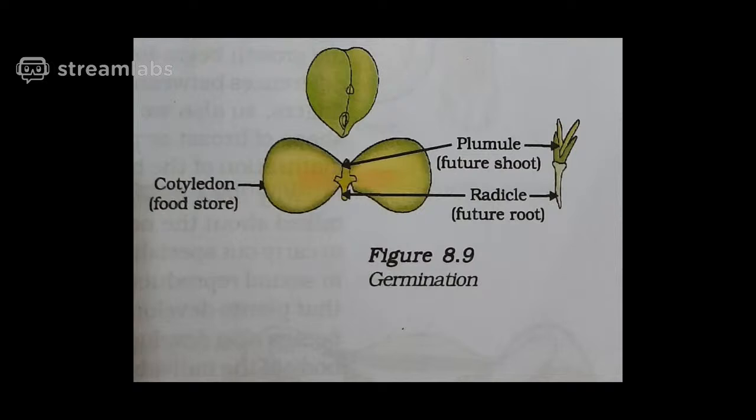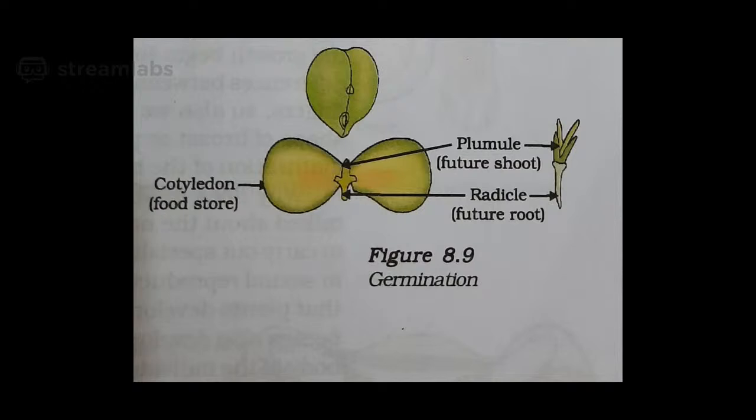And think of a tamarind seed. When you throw a tamarind seed on the soil and water is provided, it germinates within a couple of days and produces the plant. And where do you find the cotyledons? Yes, the guess is right.